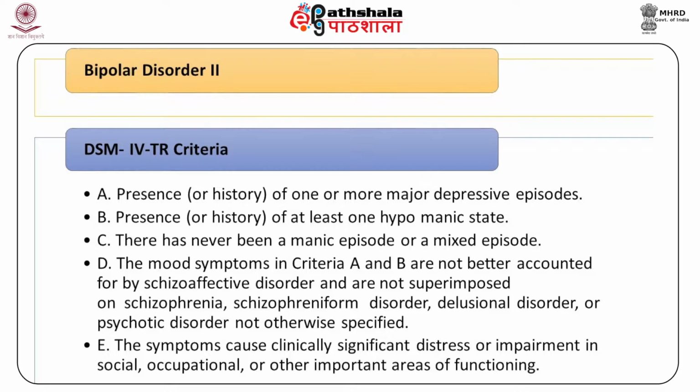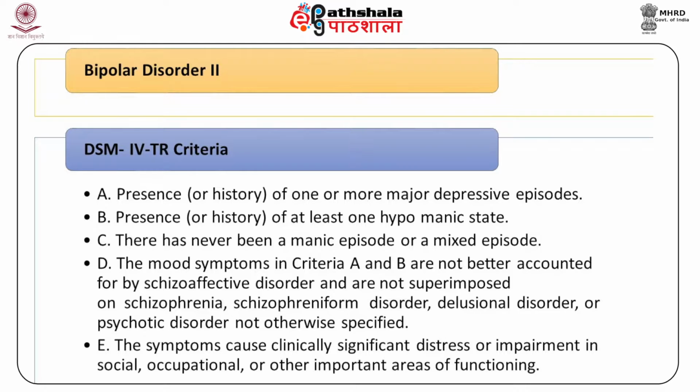D. The mood symptoms in criteria A and B are not better accounted for by schizoaffective disorder and are not superimposed on schizophrenia, schizophreniform disorder, delusional disorder or psychotic disorder not otherwise specified.